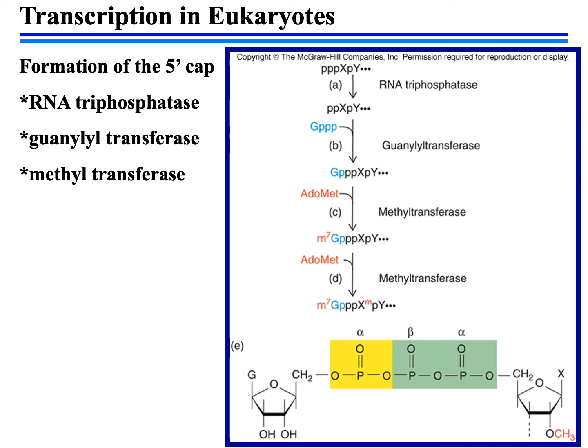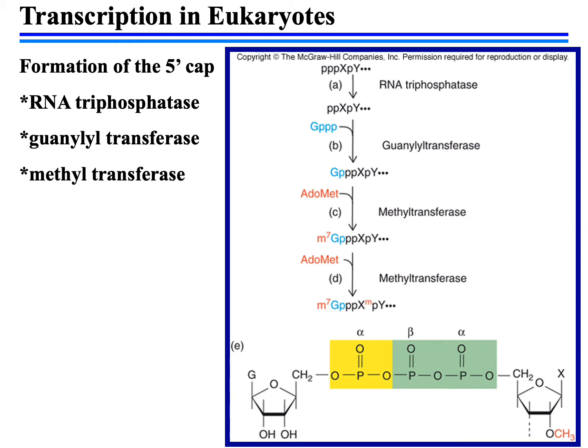So the addition of the cap involves a multi-step process. As you see on this particular slide, there are 3 different enzymes involved with the mechanism of adding the 5' cap. What we'll do is go through them step by step, and hopefully you'll get a good understanding of the mechanism involved in the addition of the cap.